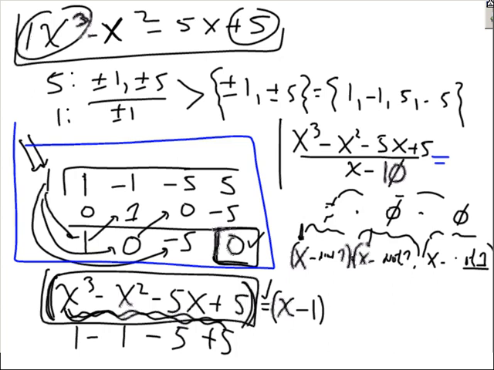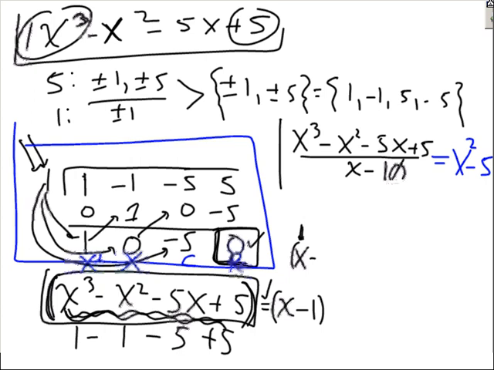And the answer would be remainder, which is 0, so no remainder, constant x and x squared. Wouldn't the answer be 1x squared plus 0x, which I won't write, minus 5? That's what we really did when we did the synthetic division.